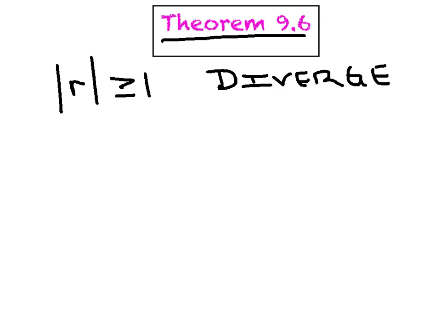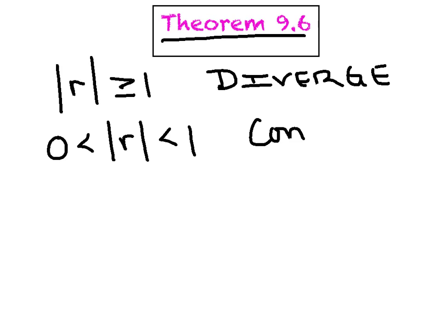On the flip side, if the absolute value of R falls somewhere between 0 and 1, then it's guaranteed to actually converge. Naturally, you're asking yourself, well, converges to what? And geometric series are super nice because it's one of the rare series where we can tell you exactly what the sum of all the terms is.